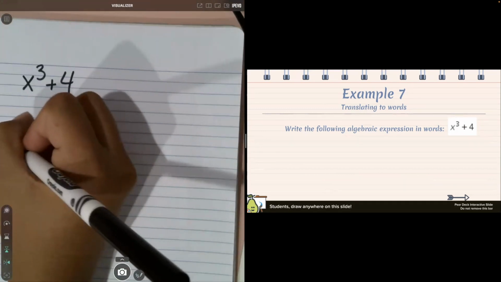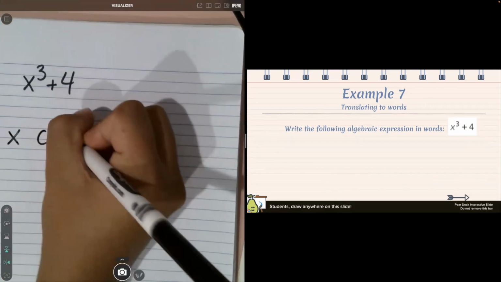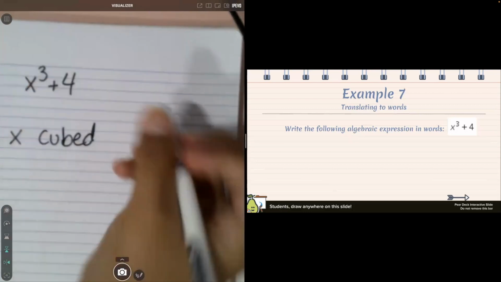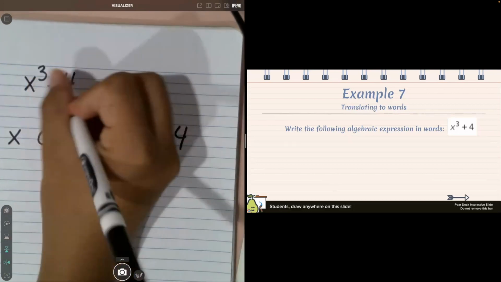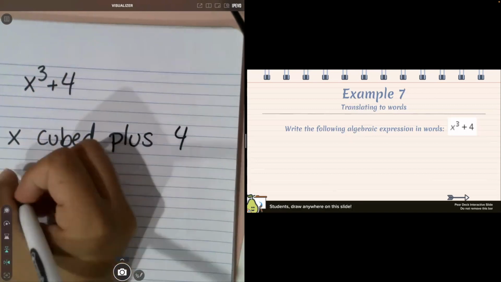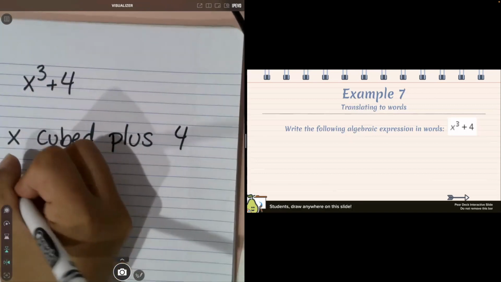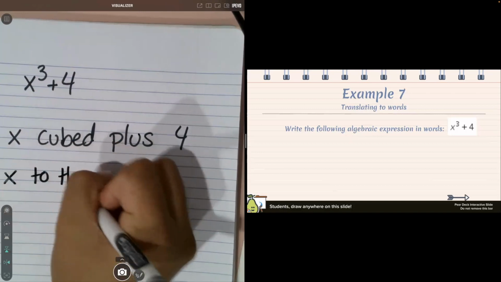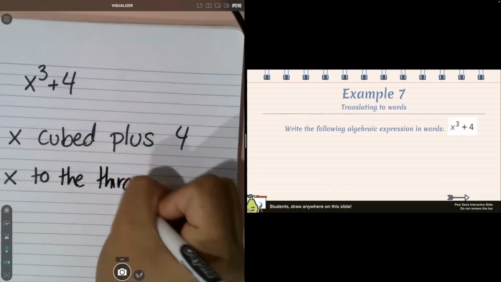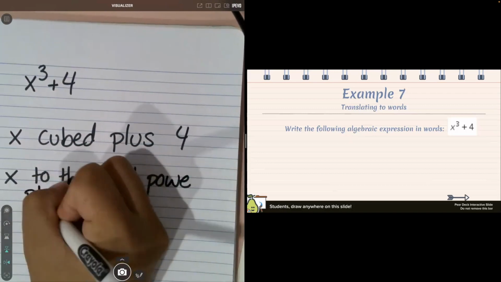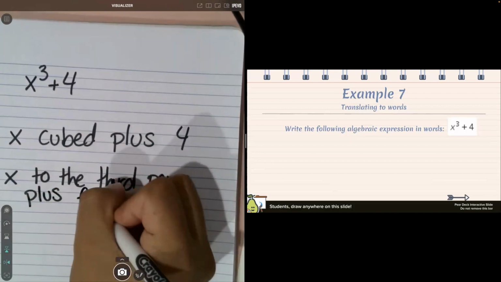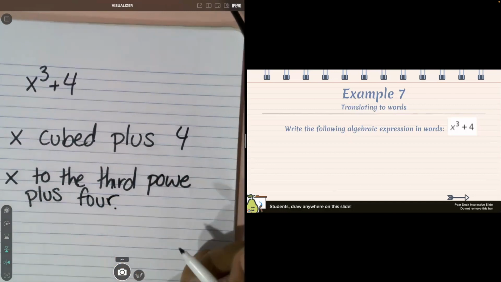And say x cubed, right? We're cubing x plus 4, right? I'm adding 4. That's one way I could say it. I can also say x to the 3rd power plus 4. That's another.